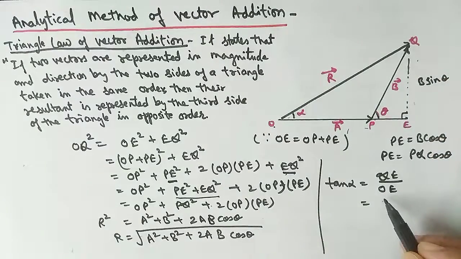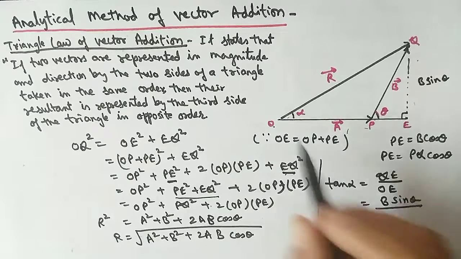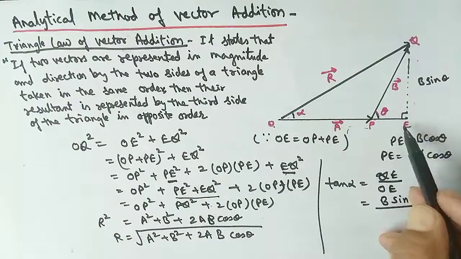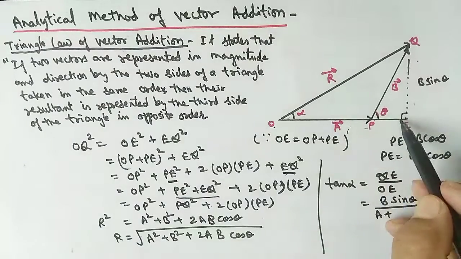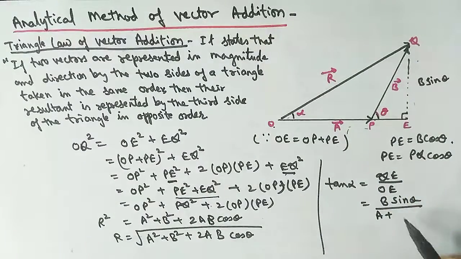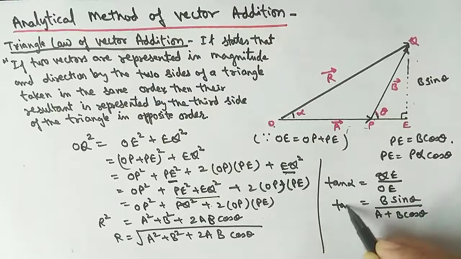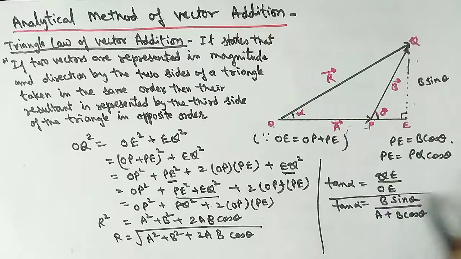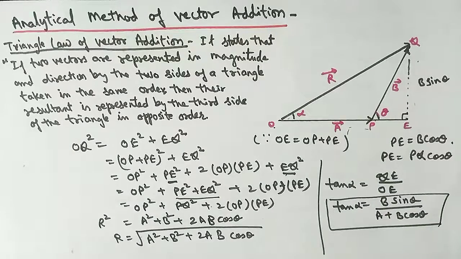QE is B sin theta. So we can write B sin theta, and OE means A plus PE, and again we discussed PE is B cos theta. So this gives the resultant angle of the two vectors.